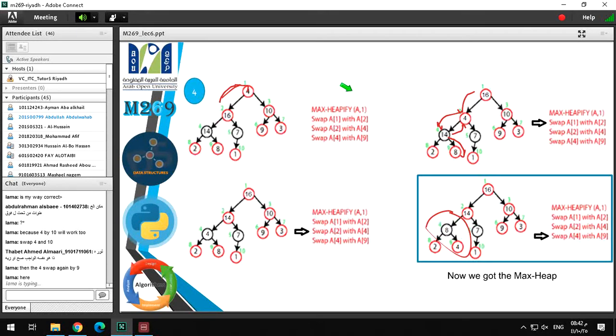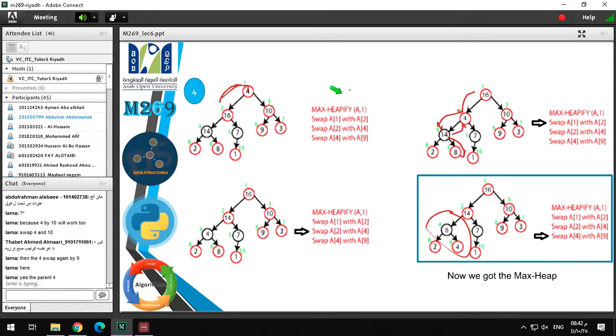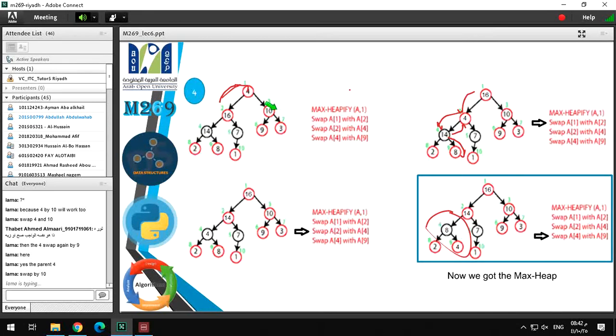Here? Okay, here is the parent 4. You want to swap it with 10? Yeah, Lama. If you swap it with 10, then 10 will go up here, and 10 is smaller than 16. So you have more violation.